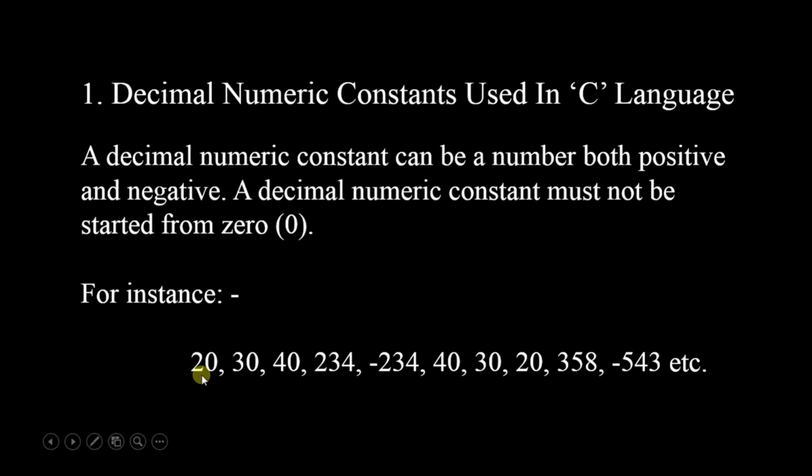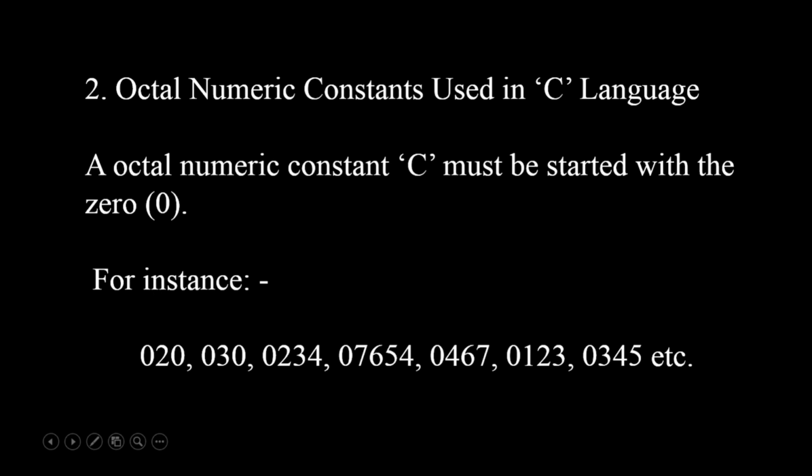So a decimal numeric constant is a number that starts with a positive or negative sign and does not start with 0. This is how we have compared these two. So these are octal numeric constants, which start with the 0 value.